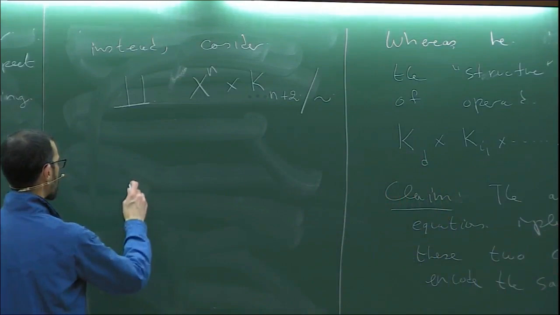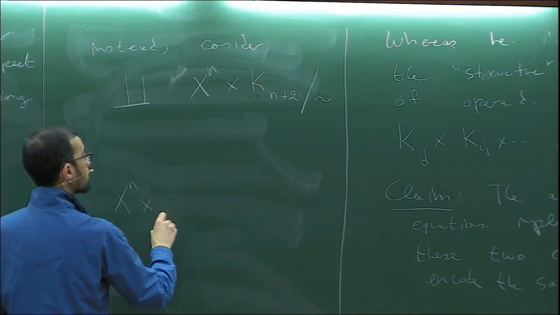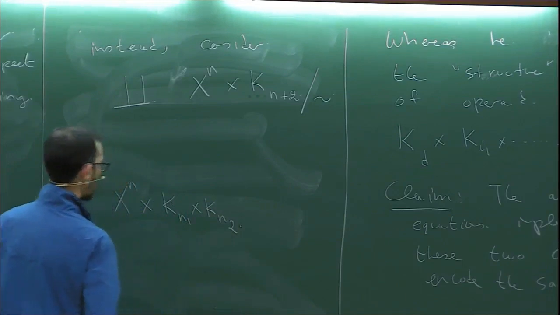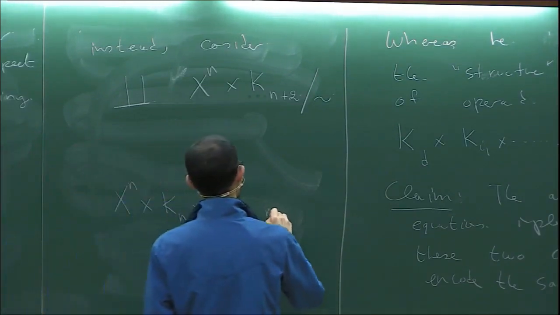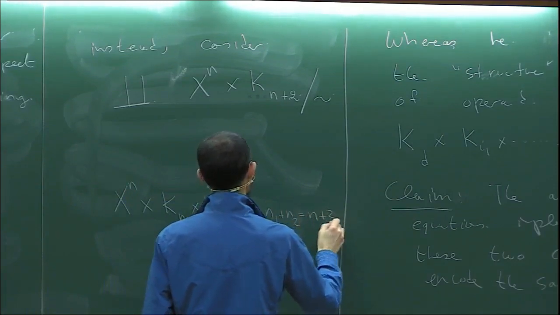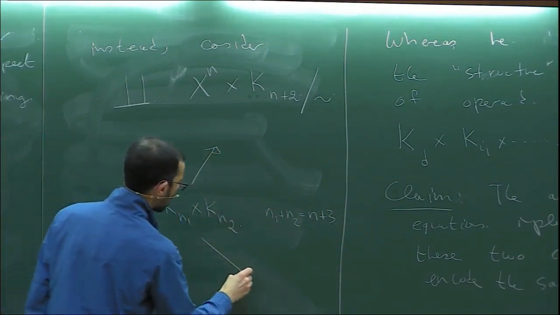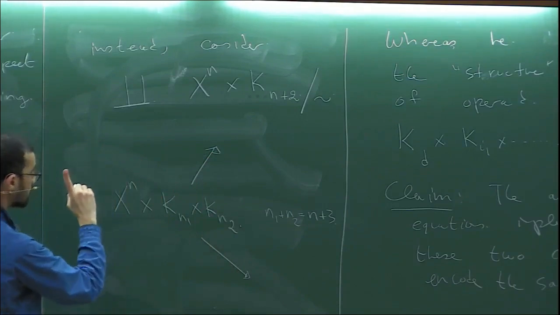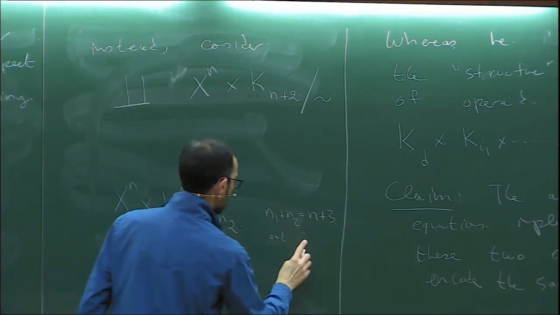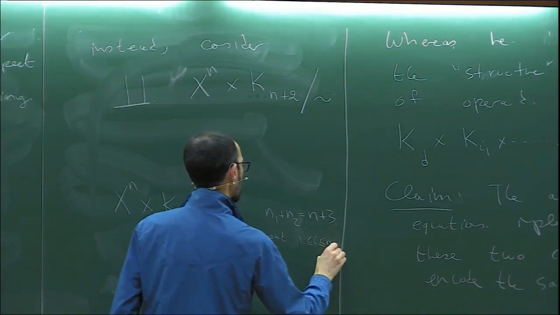This equivalence relation is just saying the following thing. If I take X to the n cross K n1 cross K n2, where n1 plus n2 is equal to n plus 3, then there are two maps that you can define, and a choice of i between 1 and n2.